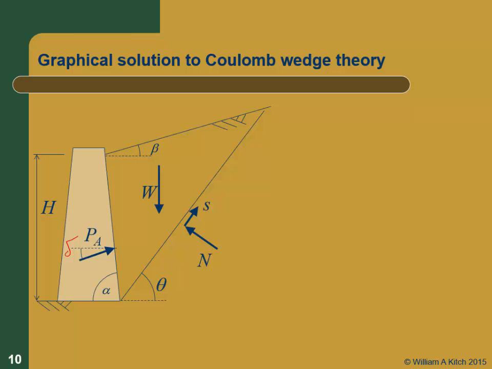Is that clear? Otherwise you're missing a cosine or a sine, and you'll have the wrong answer. It's easy to forget because lots of times we're working with horizontal surfaces, and all of a sudden you go to a sloped surface and you calculate it, and if you think that's a horizontal force, you're wrong. It's the force at the angle delta to the back wall if you're using Coulomb, or at the back slope angle if you're using Rankine.